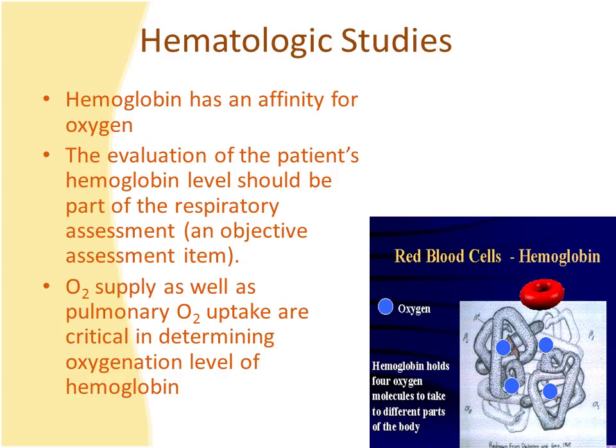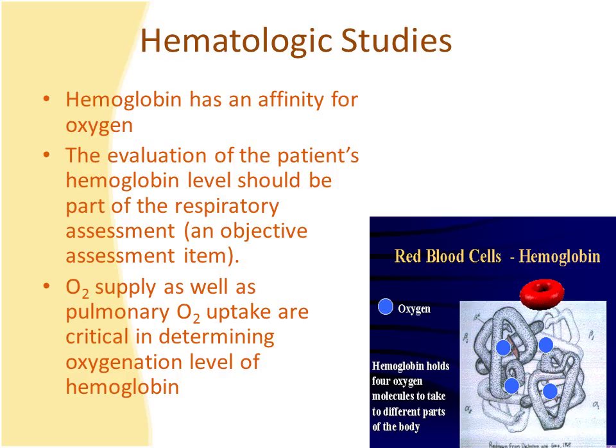So what it will tell us is that if the patient has a low hemoglobin, it may not matter how much oxygen we're giving them. The hemoglobin molecule can only hold so much oxygen.